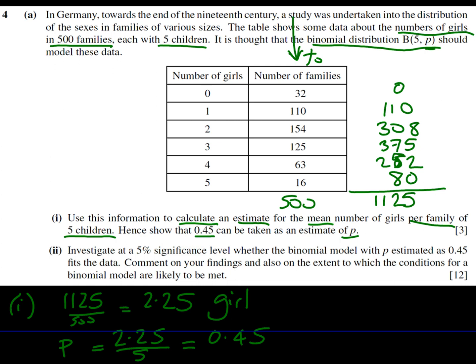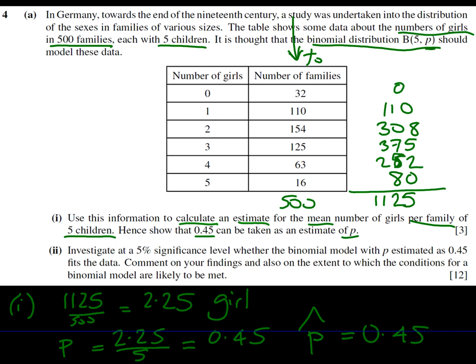Because in effect that's 1,125 girls out of a total of 2,500 children, isn't it? And usually, just so you know, you'll see P hat being written, because we've created an estimate for our P value. That's what we're going to use. So there's our 3 marks for finding an estimate of our P value.